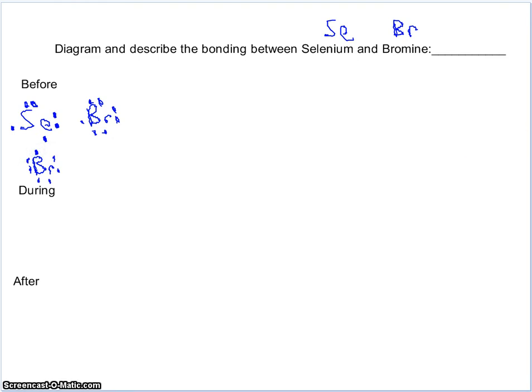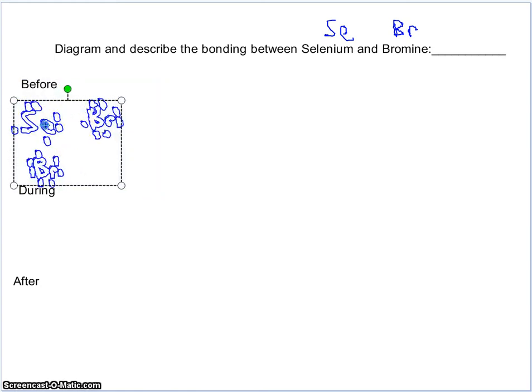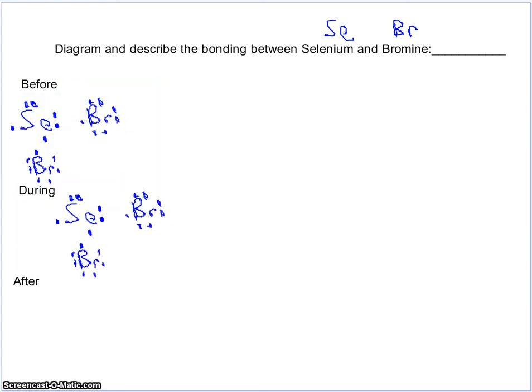Okay, so I can select all this and put it down here for the during. So now they're not going to transfer electrons, they're going to share, right? So this one's going to go in between here, and this one's going to go in between here. And then these are going to share right there.